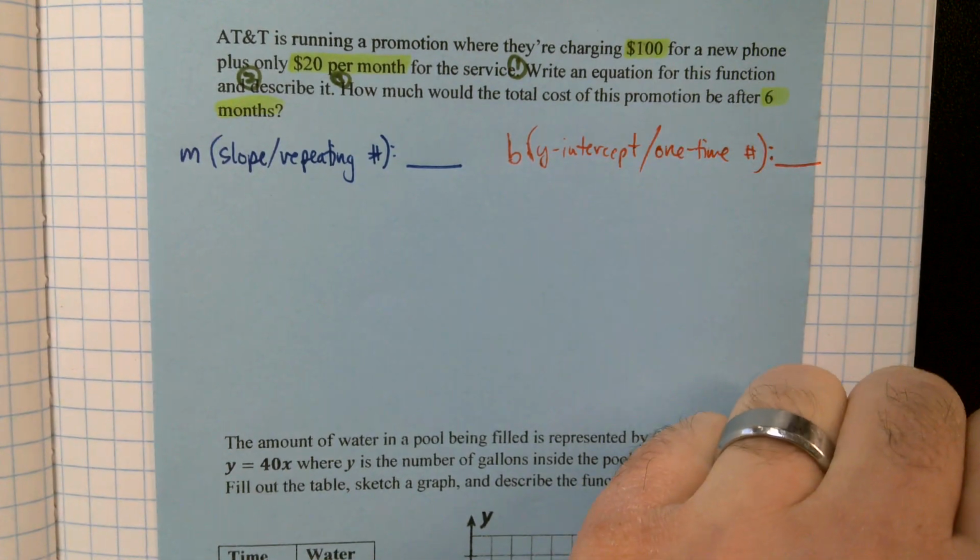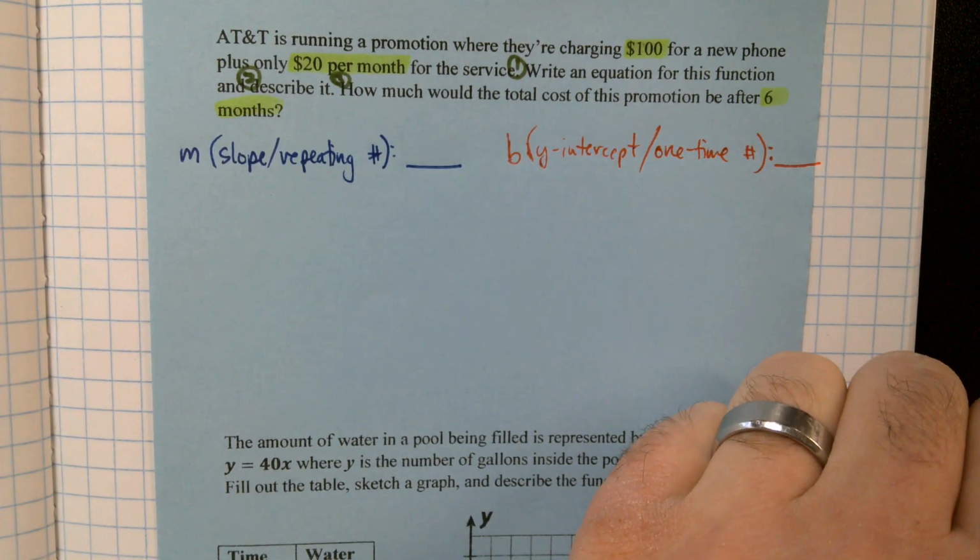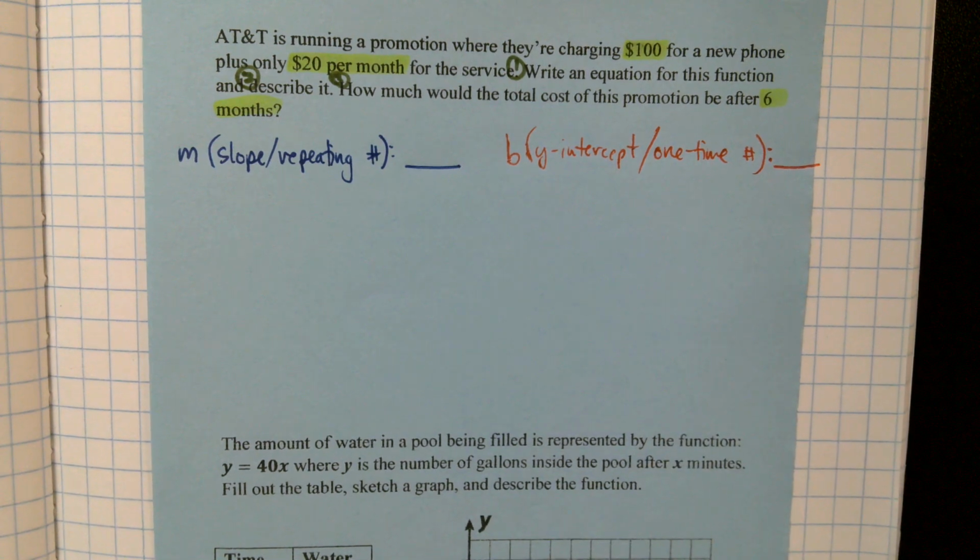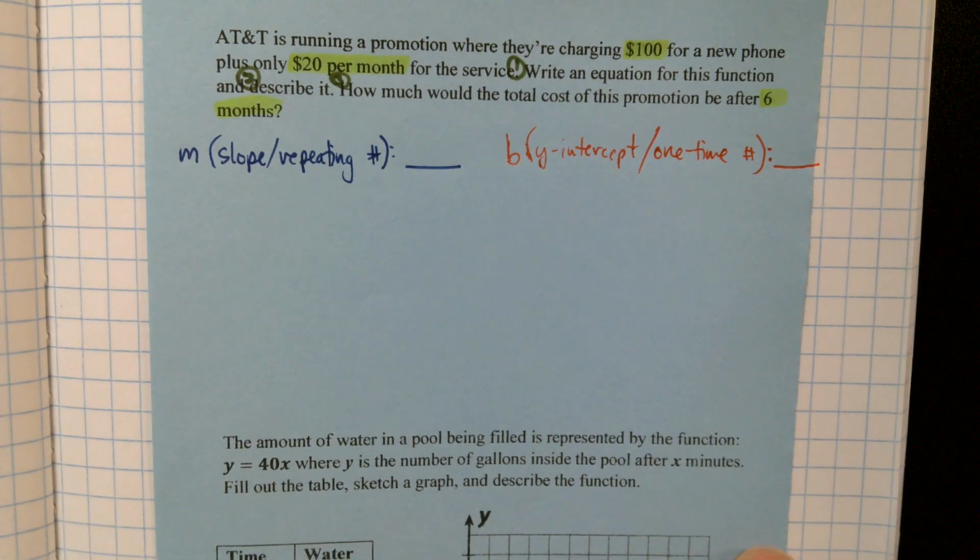All right, the question is not going to make you guess what these numbers are. It's going to give you the two numbers. It's up to you to decide which one is which.